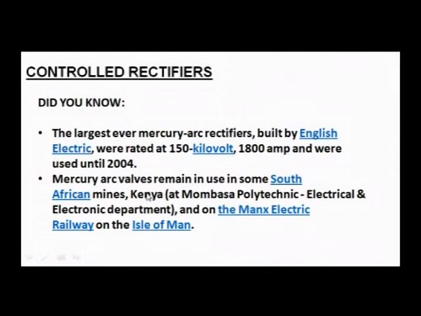There are mercury arc rectifiers still in some South African mines. At Mombasa Polytechnic, the electrical and electronics department still has a mercury arc rectifier, and the Manx Electric Railway on the Isle of Man is still using mercury arc rectifiers.